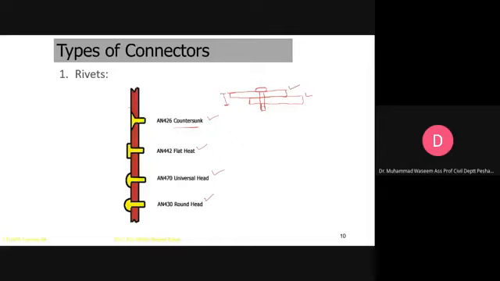This rivet is in a heated, or hot, state. When you drive it into the plates, this portion is flattened with the help of a gun and converted to this shape while it is still hot.